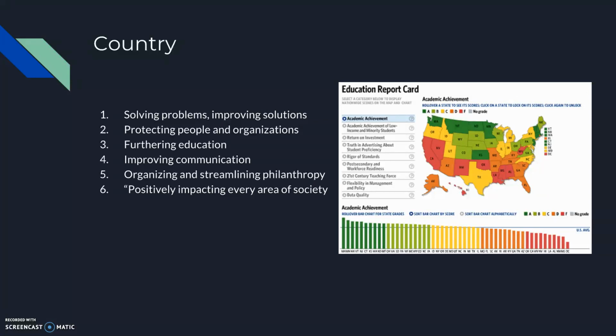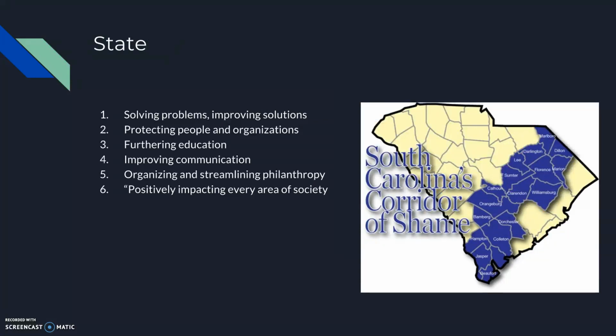From the country perspective, it's the same thing. We're solving problems within our nation, we're protecting our own people, we're furthering education in a national sense, improving communication within our own borders, and then the philanthropic point of view. Again, the same holds within the state. We see those same 6 standards.